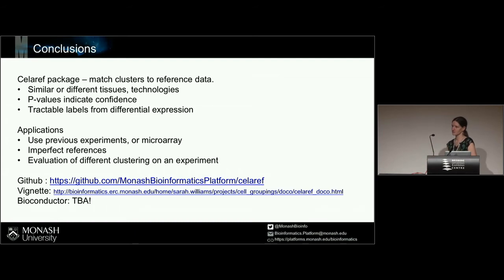That's the most computationally heavy step and you can reuse it. And one thing that might also be interesting to this audience is that it could be used for evaluating different sets of clustering on a particular data set, which I believe is something that Luke is going to expand on a lot more in his talk next.